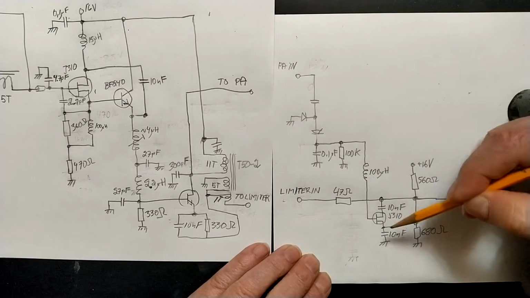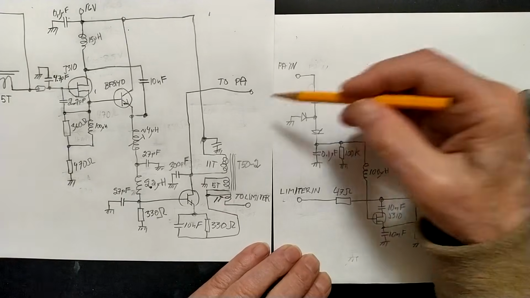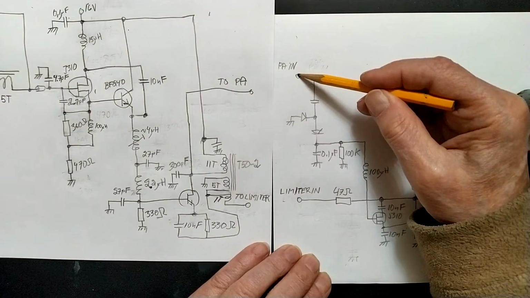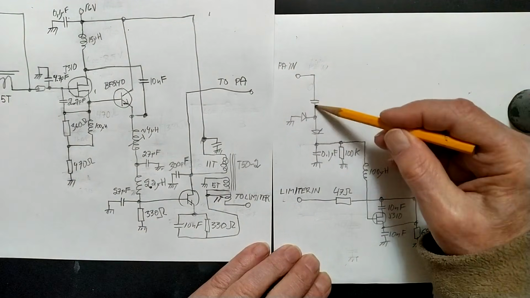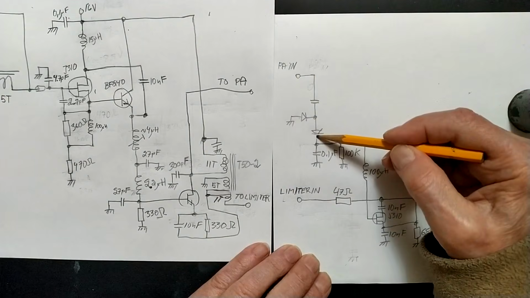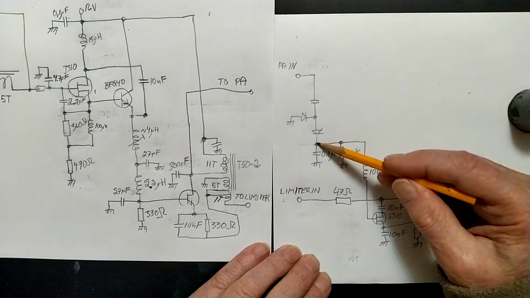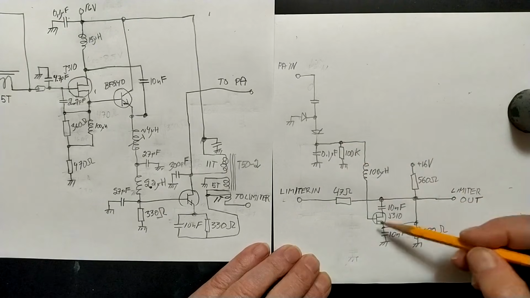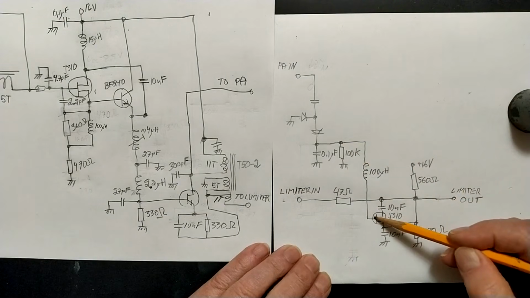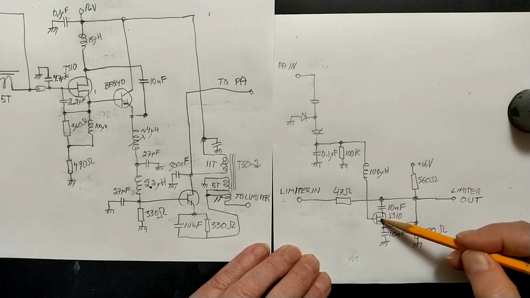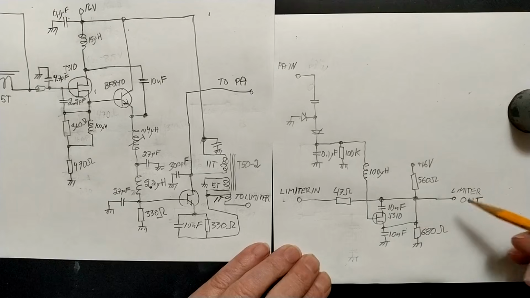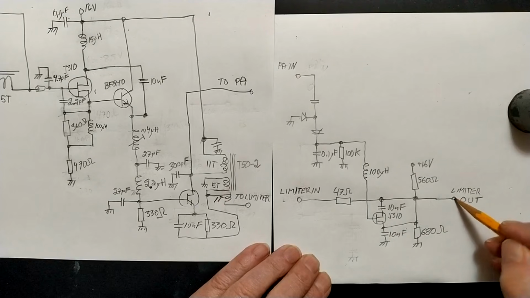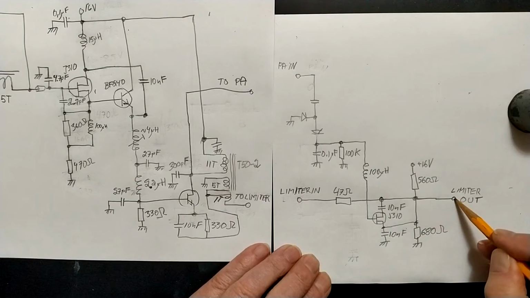And the voltage controlling the FET comes from the PA input with a rectifier, full wave, and then a capacitor and a fairly large resistor feeding the base of the FET, making it a variable resistor.